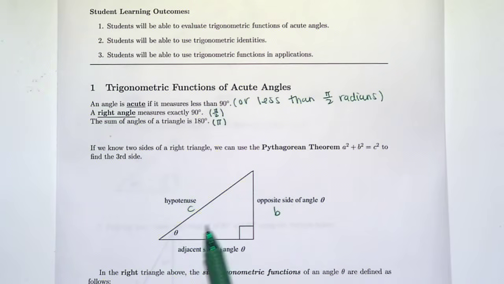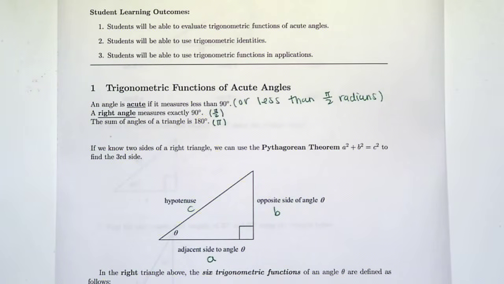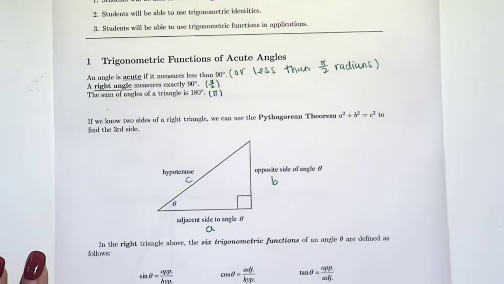This would be the opposite side of our triangle. Right next to it is the adjacent side, so it's adjacent to our angle. And then, of course, the hypotenuse will be the hypotenuse. So remember the way that we label these sides. We're going to use these to define our 6 trig functions.